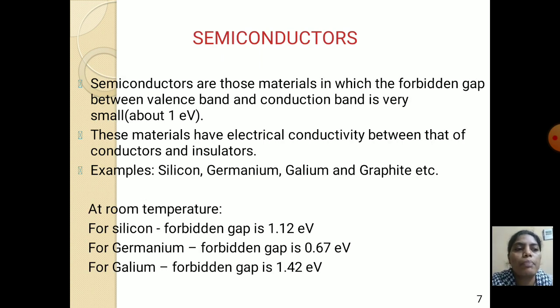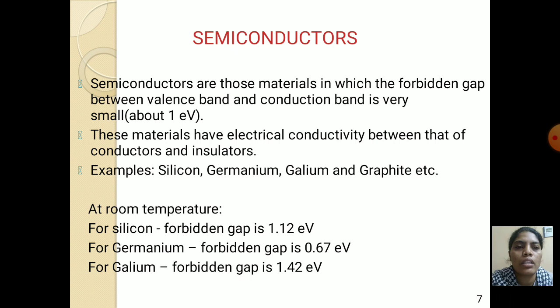The next type of materials or substances are semiconductors. Semiconductors are those materials in which the forbidden gap between valence band and conduction band is very small. It is of 1 electron volt. So these materials have electrical conductivity between that of conductors and insulators.